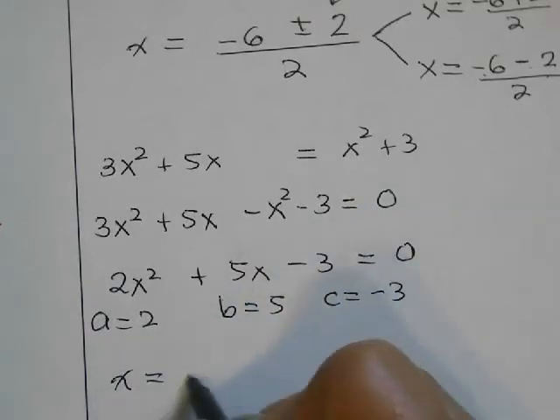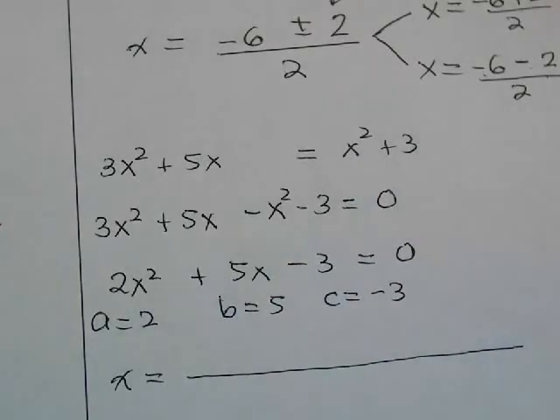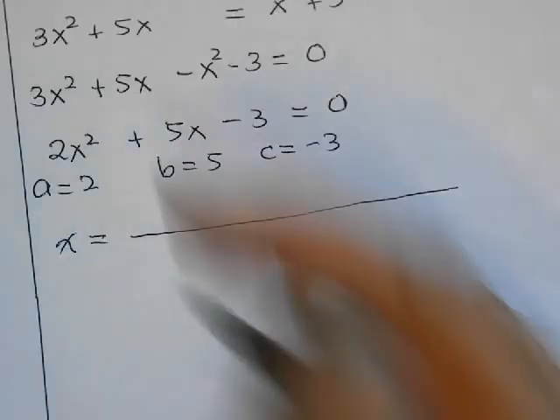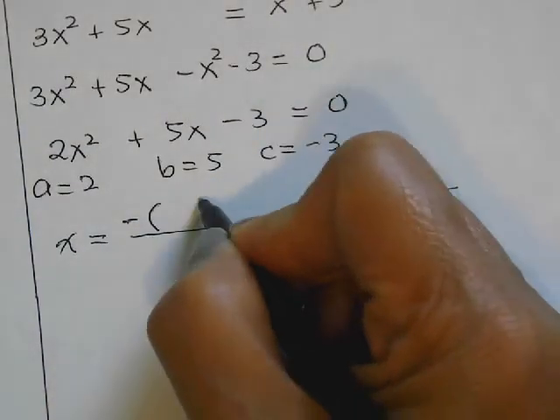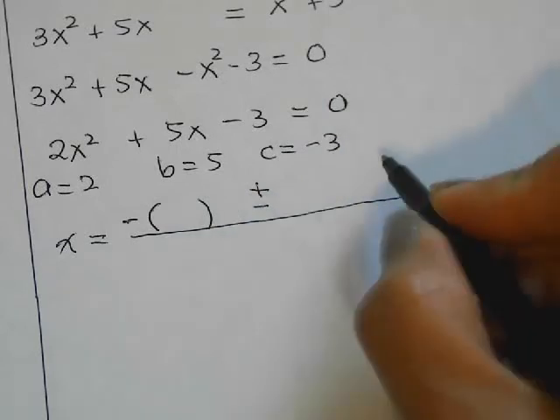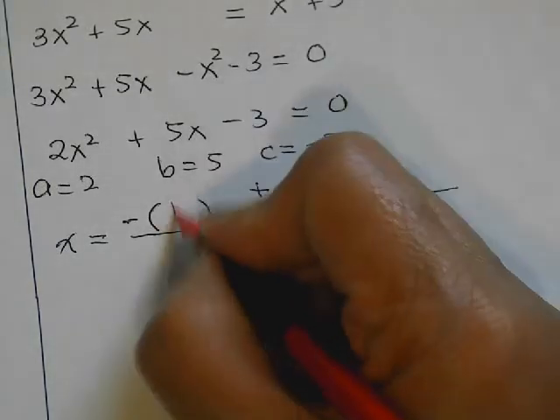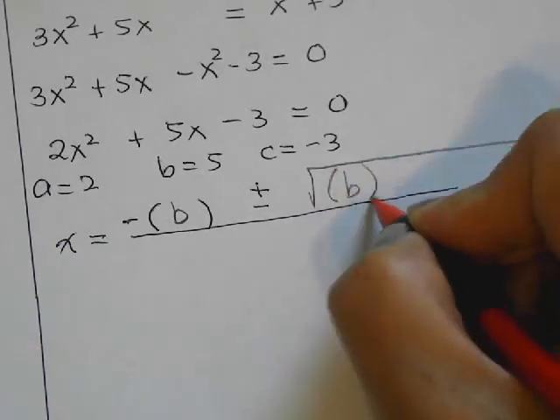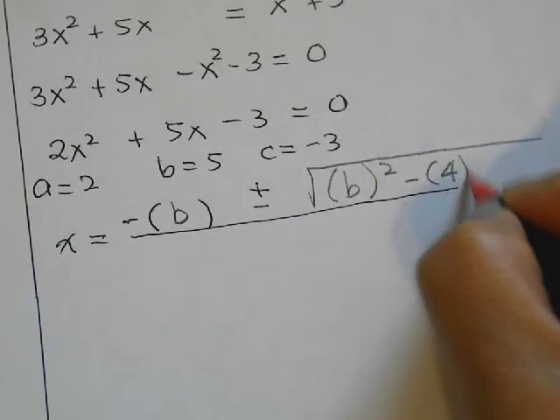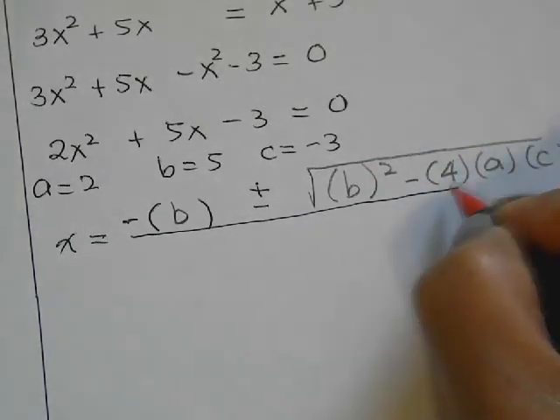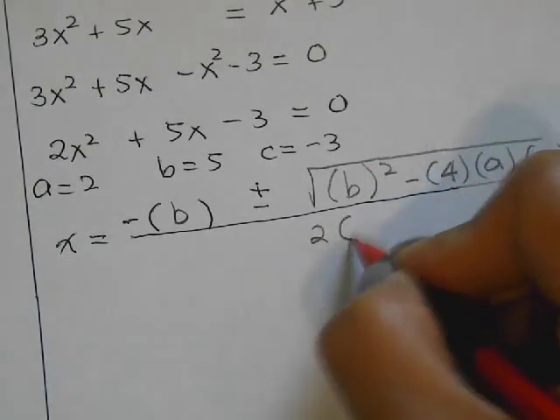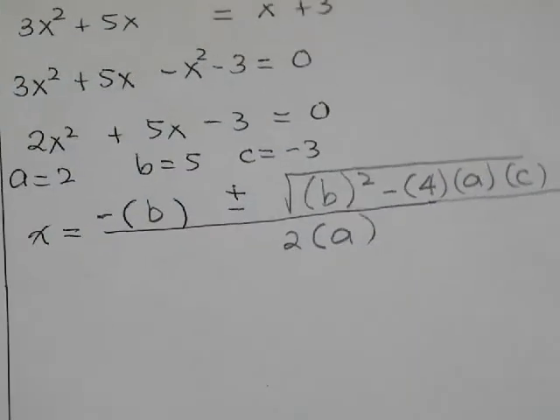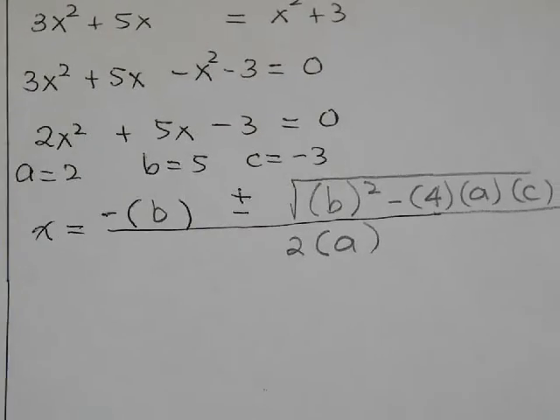Then we substitute those numbers in our quadratic formula. Okay, we say negative b plus and minus square root of b squared minus 4 times a times c all over 2 times a. Okay, that's the formula, and then we just substitute the numbers.